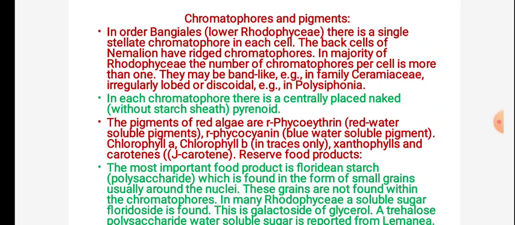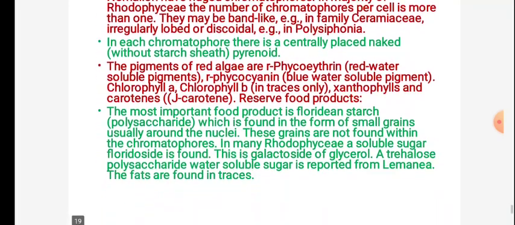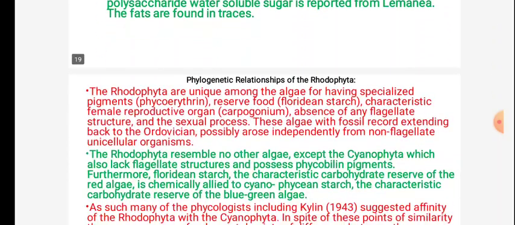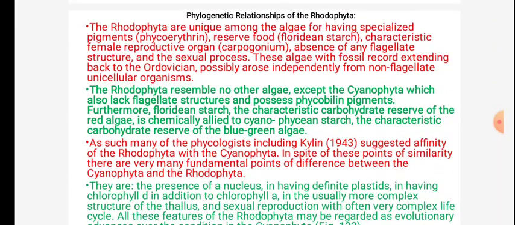Then the pigments in the red algae are phycoerythrin, which is a red water soluble pigment, and phycocyanin, a blue water soluble pigment. Then chlorophyll A, B in traces only. Xanthophylls and carotenoids are seen. Then reserve food material.